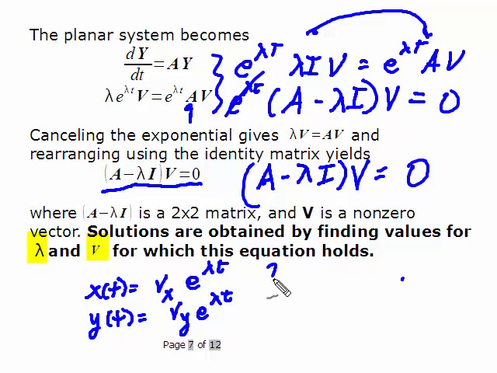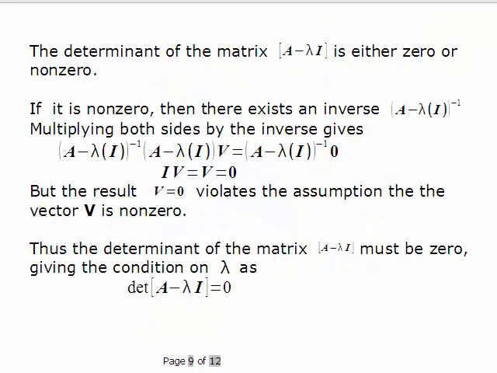It's going to be of this form. So I'm looking for values for lambda, and I'm looking for v, which would mean I'm trying to find these constants, vx and vy, and lambda. Now there's some mathematical reasoning that we're going to do here that's going to give us first values for lambda. After that we find the v, once we find values for the exponent in our solutions.